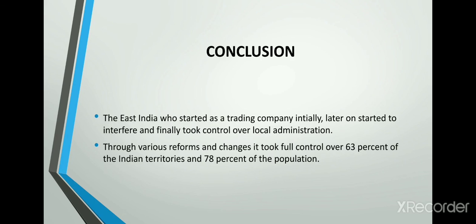Through various reforms and changes socially, politically and economically, it took full control over 63% of the Indian territories and 78% of the population. So by 1857, the company came to exercise direct rule, and by annexing territory, the East India Company had virtually controlled the whole of India in its administration.